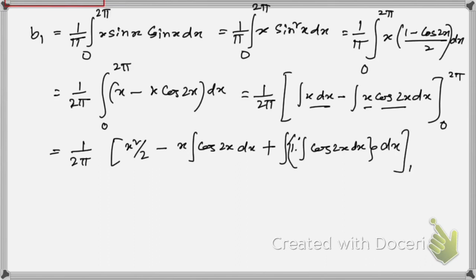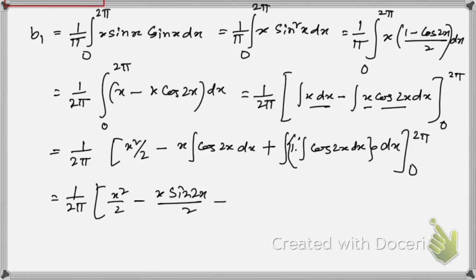dx, then 0 to 2 pi. So then 1 by 2 pi, x squared by 2 minus integration of cos 2x, that's going to be sine 2x by 2, right? Plus, and again integration of cos is sine, integration of sine is minus cos, so that's why this sign is going to be minus.